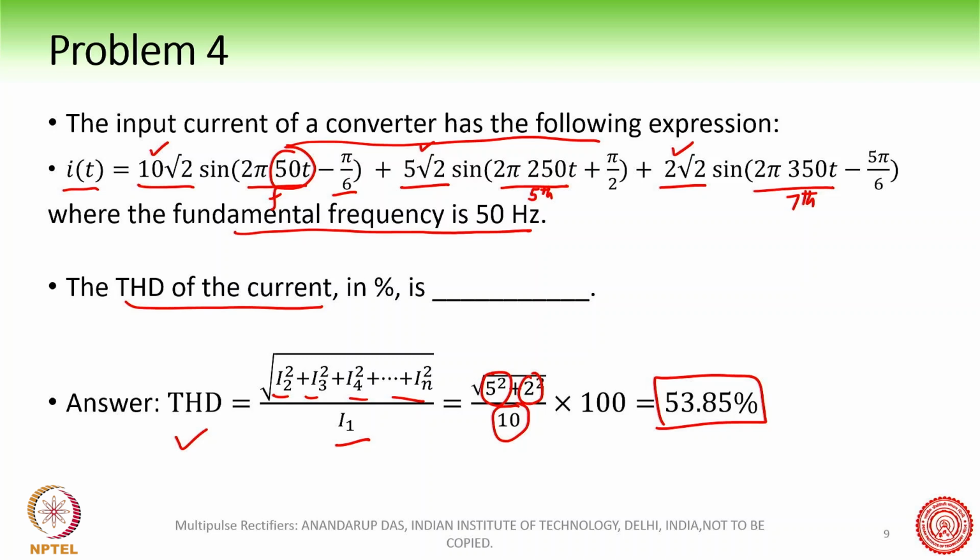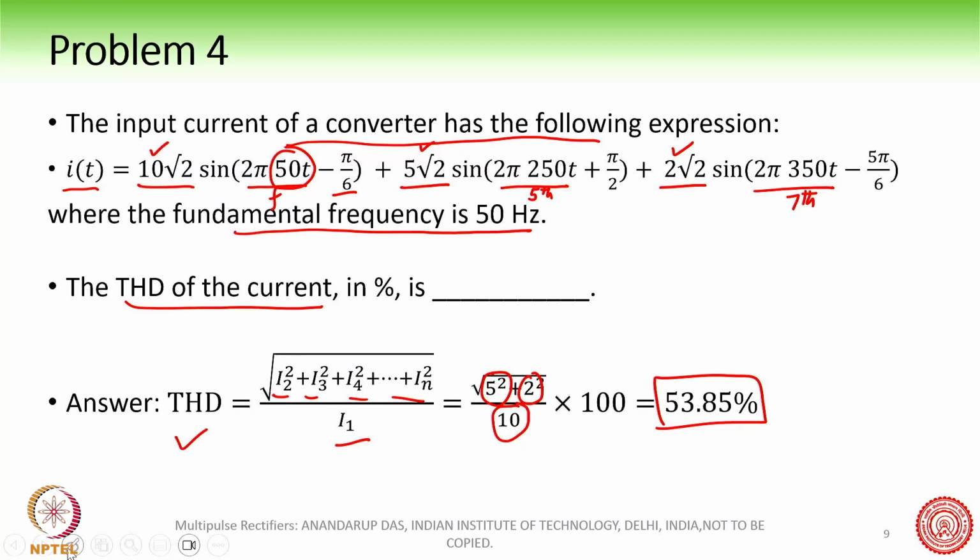Now this example, although it seems to be very trivial, actually has some practical connections. Generally when we do experiments on this kind of PWM rectifiers, we need to find out the harmonic spectrum as well as the total harmonic distortion of the input current. In an experiment, this can be done quickly by putting the input current into something called a power analyzer.